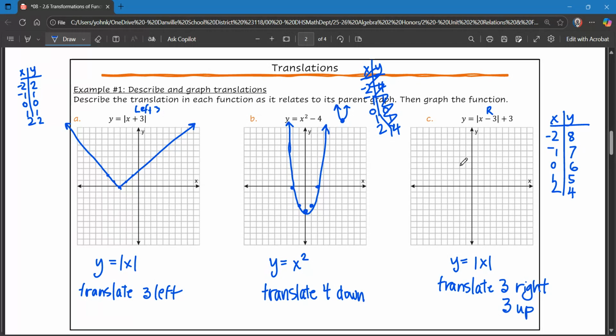So -2, 8's up here. -1, 7, 0, 6, 1, 5, 2, 4. Well, we haven't really bounced back up yet. So if we plug in 3, we get 3. If we plug in 4, we get 4. Oh, there we go, bounce back up again.